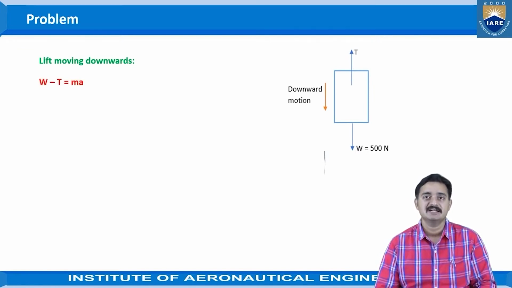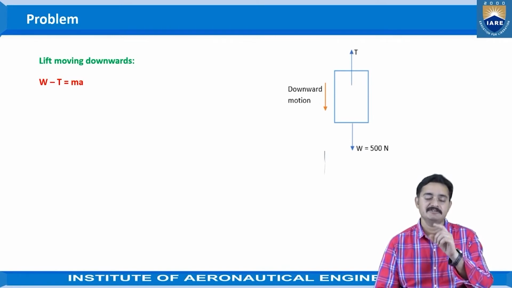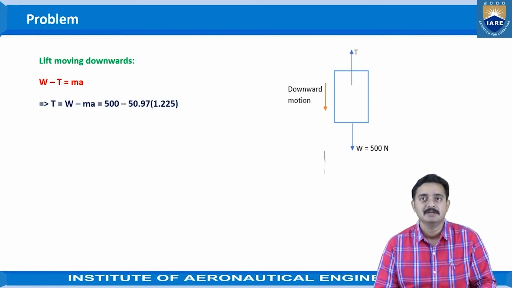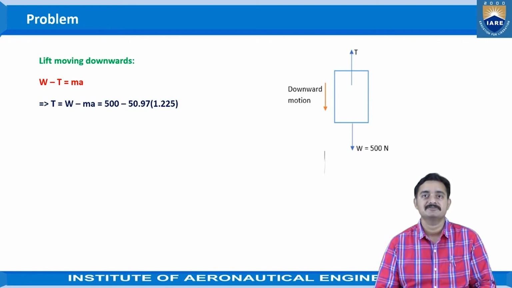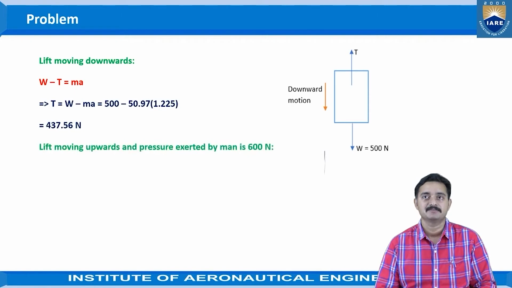So we can consider W minus T is equal to MA, right? When the lift is moving downwards, the weight will be higher than the tension. So from this we can write T is equal to W minus MA, which will be written as 500 minus 50.97 into 1.225. So when we solve this, we will get the value as 437.56 newtons.